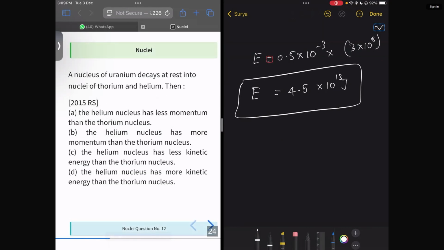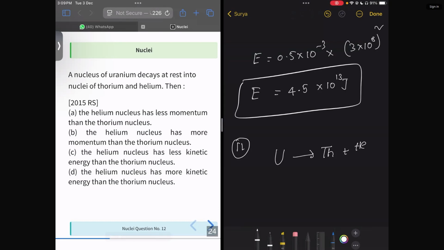Suppose there is a uranium that decays at rest into nuclei of thorium and helium. So uranium is decayed into thorium and helium. So what will happen?